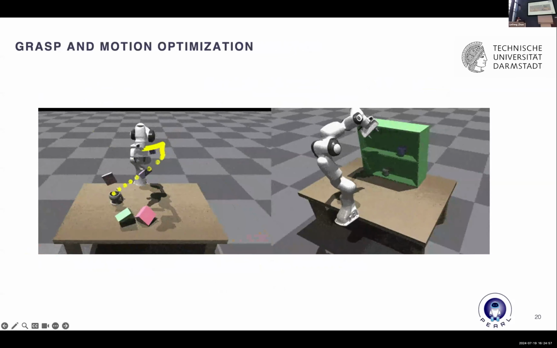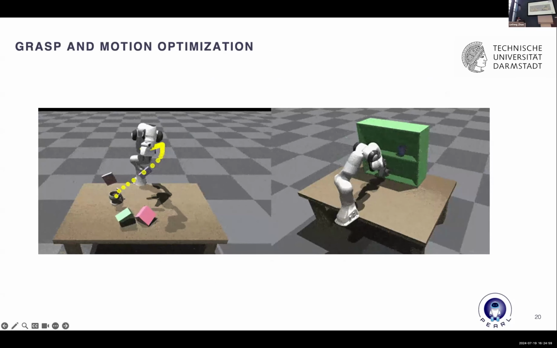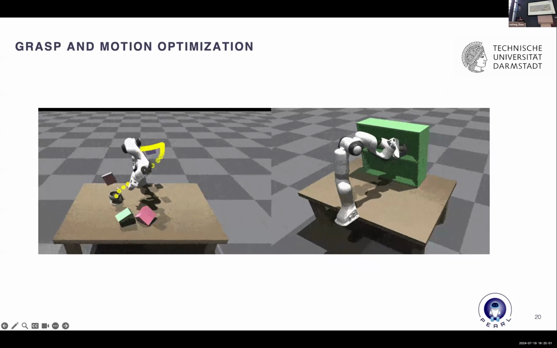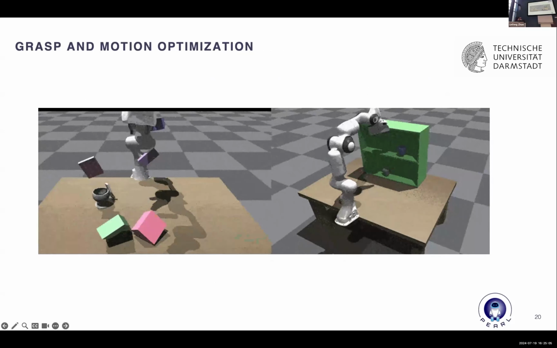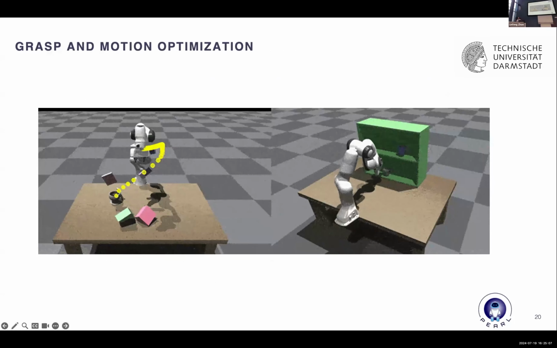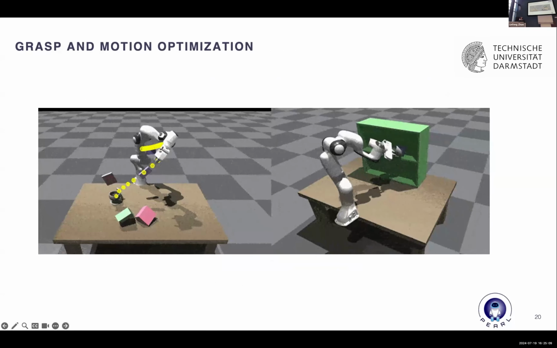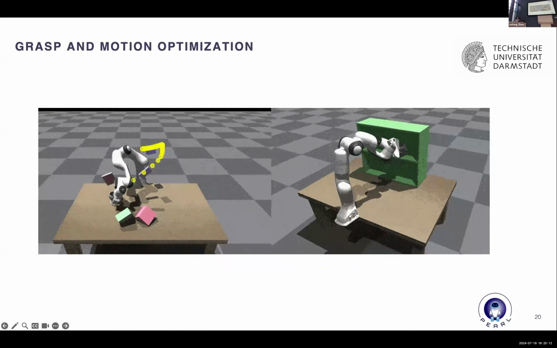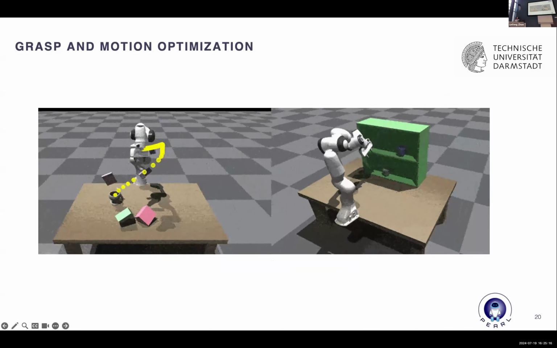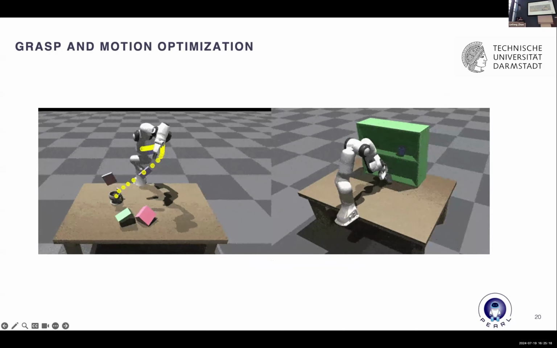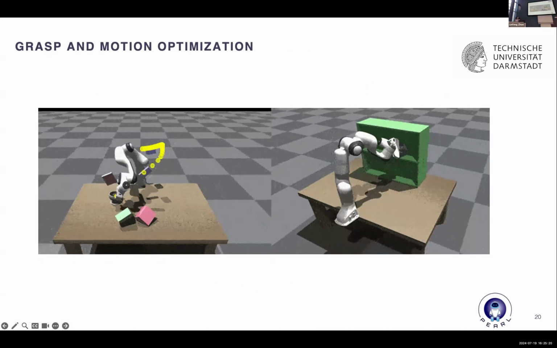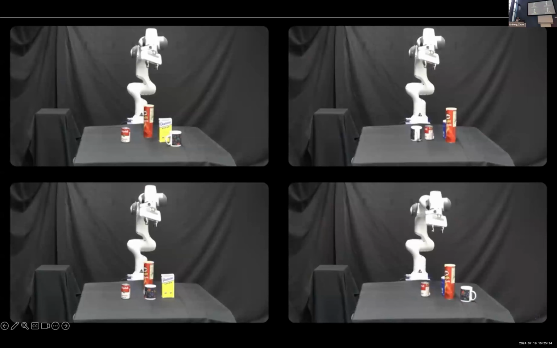And this is very interesting because in this case, you are diffusing through the possible grasps, but also the possible trajectories that lead the robot from an initial state to a final state, or even continue on and do also the placement. And you do this in a single optimization pipeline without needing to just sample initially some grasps, then run your motion planner, and if something doesn't succeed, go over it again and again.